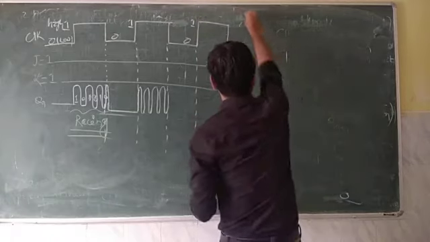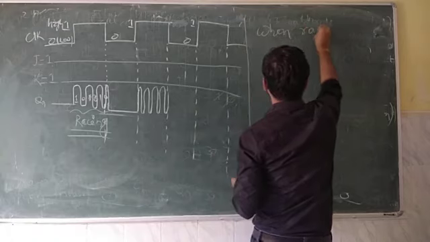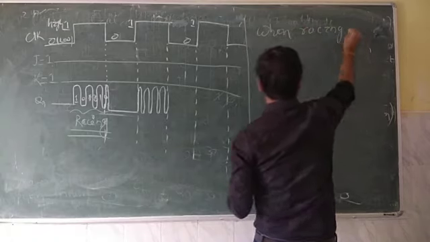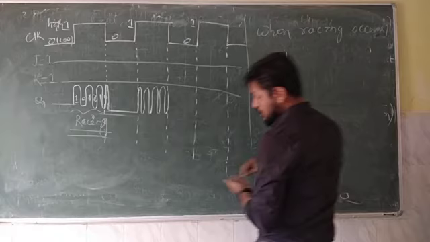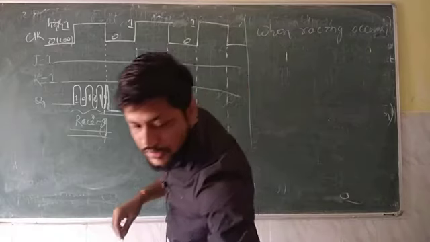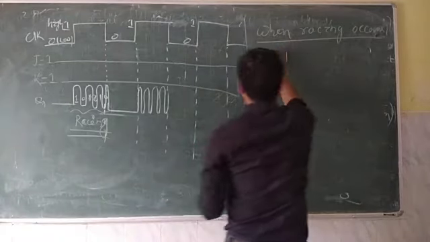When racing occurs. So student, I have already explained you, racing occurs in level trigger JK flip flop.